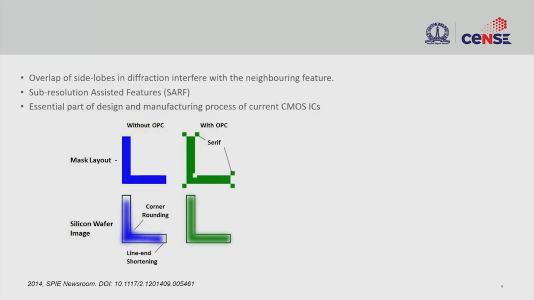And the other thing to circumvent this proximity issue is by using assist features. We saw this L shape earlier on, that was giving us some corner rounding. This is a simulation image. On the left side we see without OPC, what we call optical proximity correction.